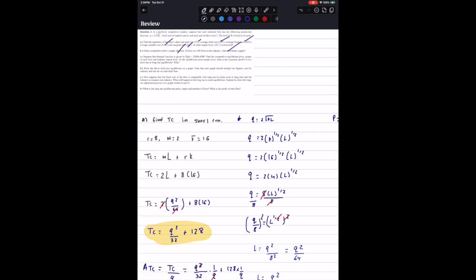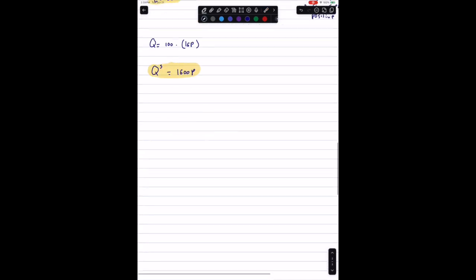Now part C. Suppose that demand function is given by demand of P is equal to 32,000 minus 400P. Find the competitive equilibrium price, output of each firm, and industry output level. At the equilibrium price output level, what is economic profit? Is it a short run or long run equilibrium? Why? Okay, let's do that.